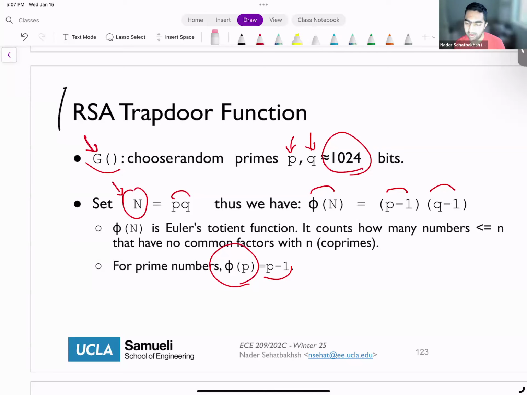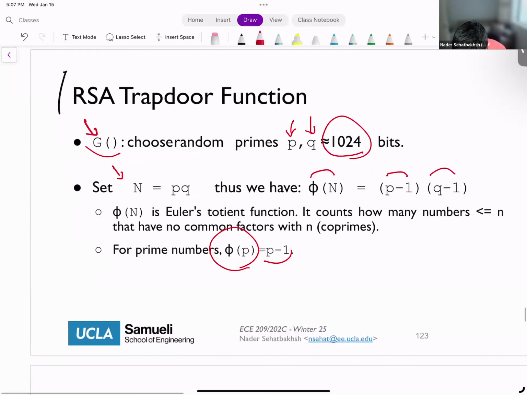Another aspect of this Euler function is that if n is a product of two prime numbers, then phi of n is in fact p minus 1 times q minus 1. These are again mathematical definitions, for those of you who probably have seen this in high school.